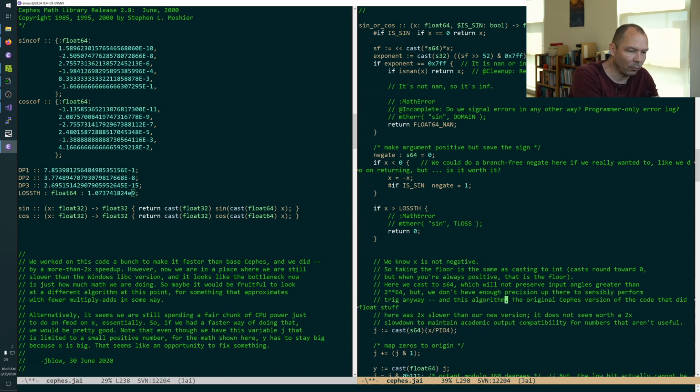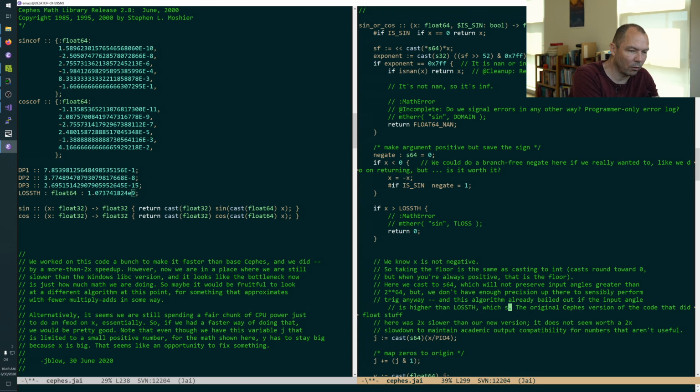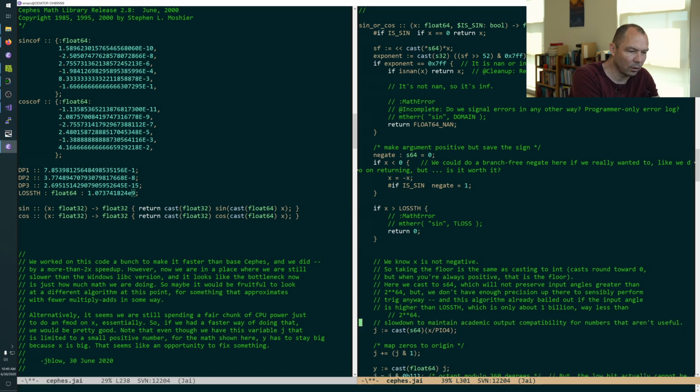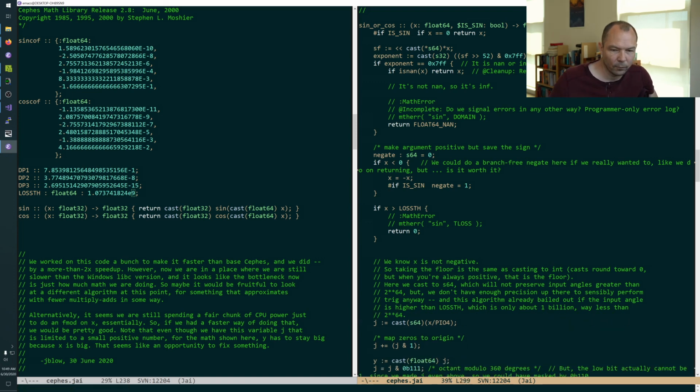This algorithm already bailed out if the input angle is higher than the loss threshold, which is only about 1 billion, way less than 2 to the 64. Making things branchless is going to be better for other cases, but probably doesn't matter for this test case. Yeah, we could modify the test case really fast, right? To be like random angles.